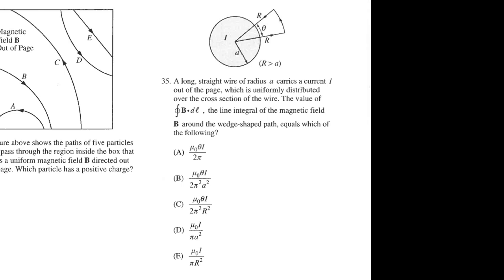The value of, that's going to be the current enclosed, the line integral of the magnetic field around the wedge-shaped path equals which of the following? I just need the current enclosed. So the other side of this equation, basically, is mu naught I enclosed.